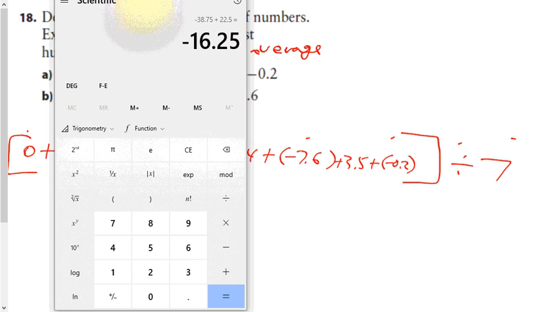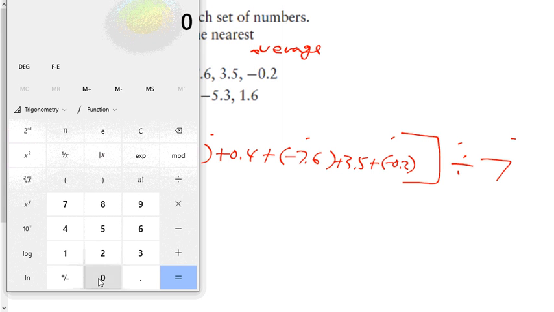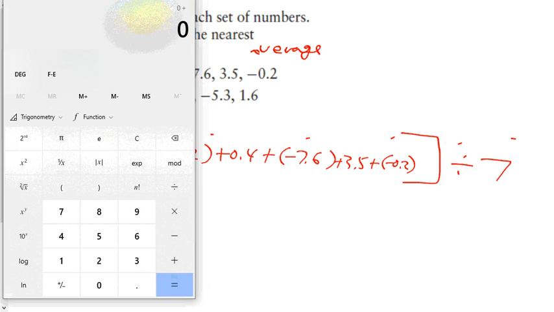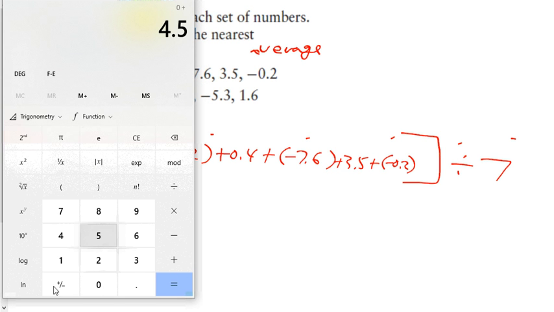Someone want to read off the numbers for me? 0 plus, anybody? Negative 4.5 plus negative 8 point what? 2? 8.2 negative, okay.